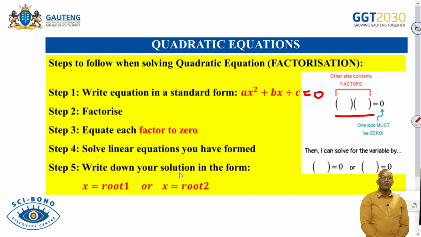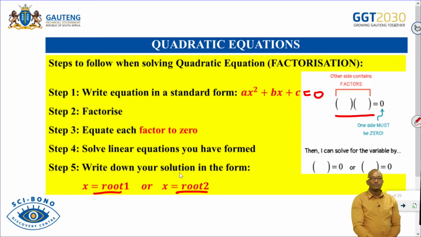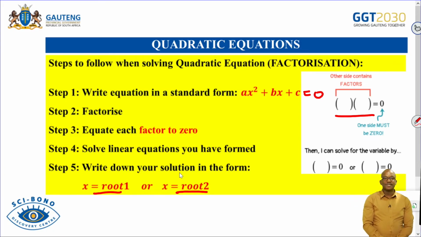And step number 4, you must solve your linear equations from the factors that you found in step number 3. Then you write your solutions in the form x is equal to root 1 and x is equal to root 2. So those are the basic steps that we are going to be looking at today when we're solving quadratic equations by factorization.